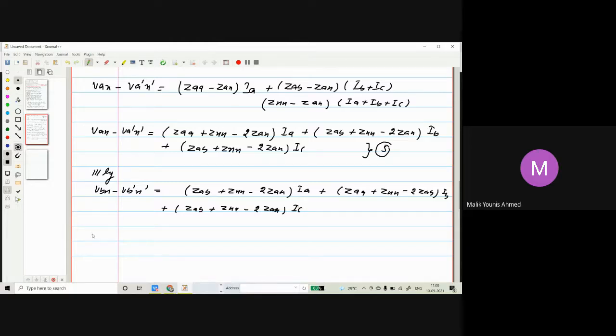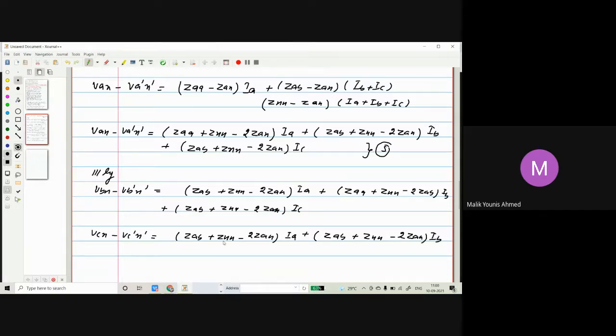Now last equation is VCN minus VC dash N dash will be ZAB plus ZNN minus 2ZAN IA. Then we will have second, ZAB plus ZNN minus 2ZAN into IB.